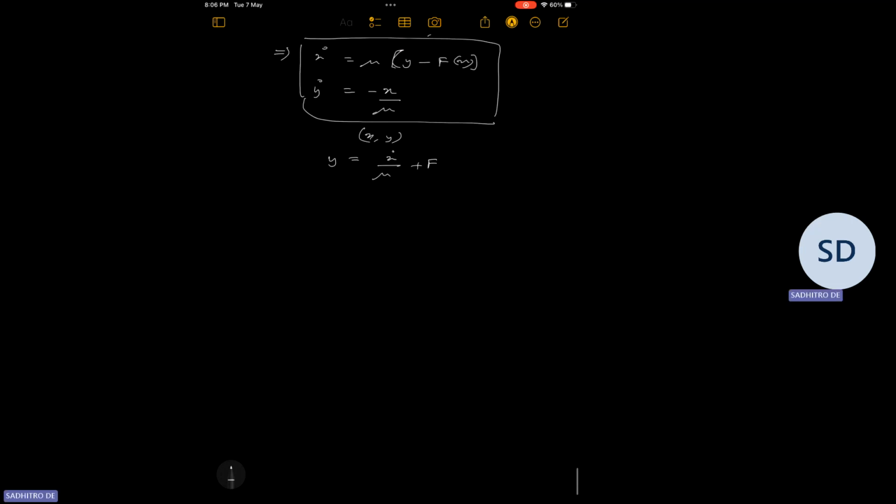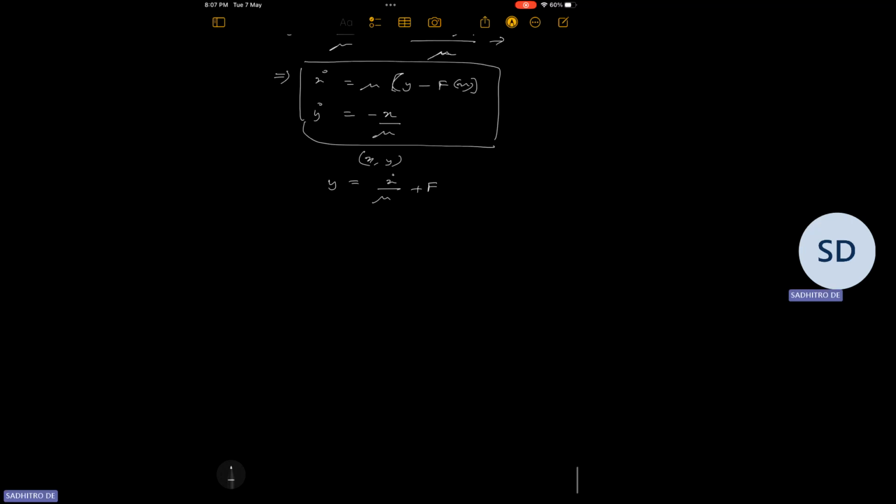Since we are only considering the limit of mu much greater than 1, first we look at the null lines of the system. The null lines are given by the equation x dot equal to 0, which is the x null line.